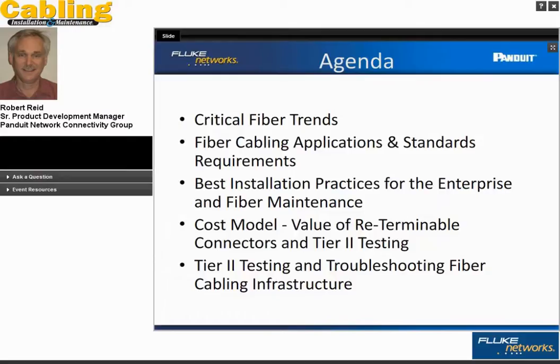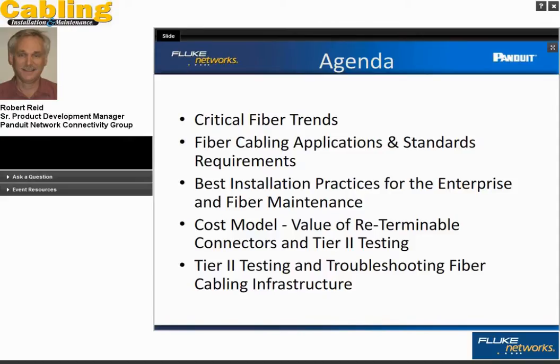Without further ado, I'm going to step right into the agenda for today. We're specifically going to talk about enterprise backbones and probably less about data centers, and some of the issues surrounding commissioning of links, uncertainty with respect to testing in the field, uncertainty with respect to which connector end to remediate and so forth.